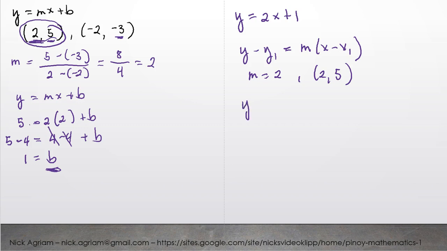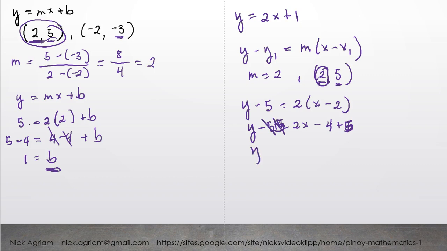And I have y minus 5 is equal to 2 times x minus 2. Then simplify. We have 2x minus 4. Adding 5 to both sides of the equation, this one is 0. So y is equal to 2x plus 1. You will get the same.